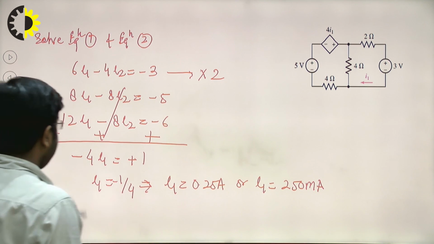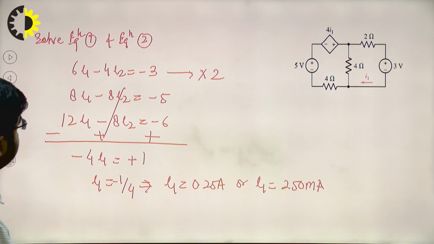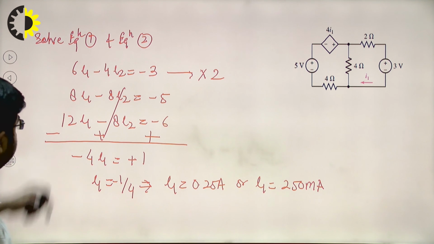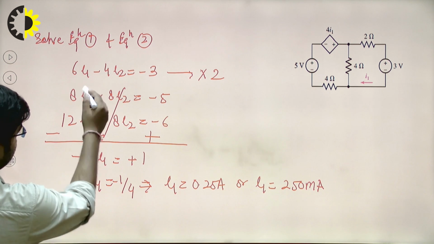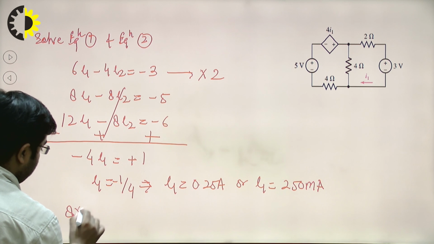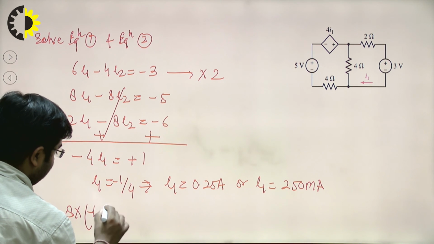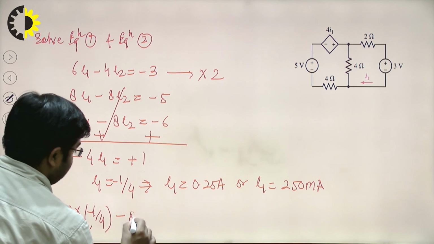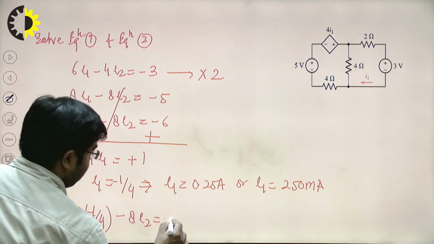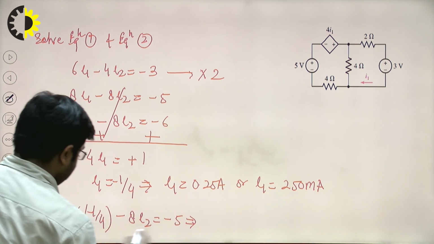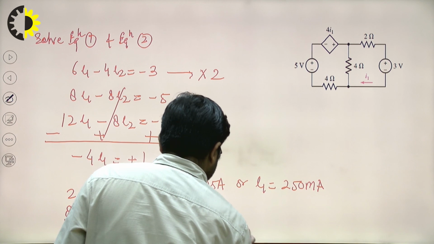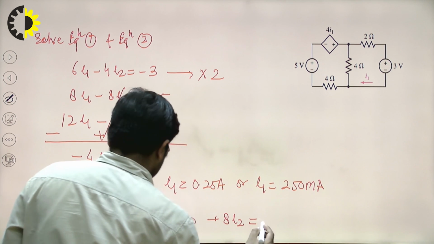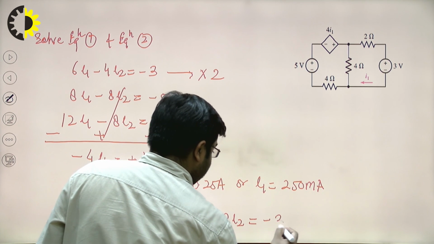Now put I1 value in this equation. So 8 into minus 1 by 4 minus 8I2, that is equal to minus 5. So this will be 2. So from here you can write minus 8I2, that is equal to minus 3.